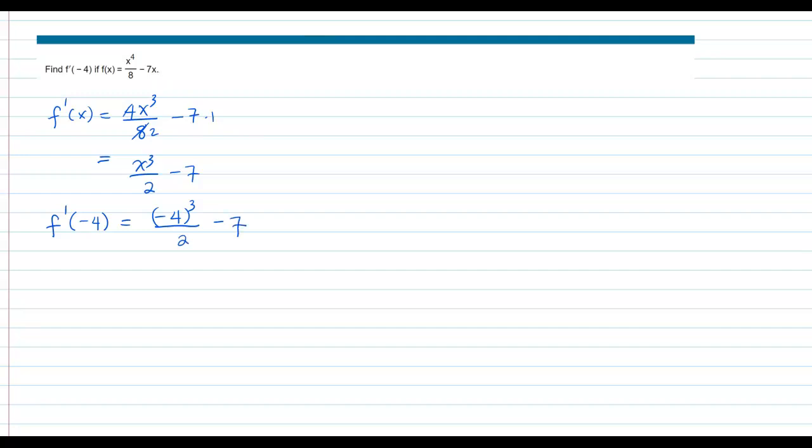And then simplify this. -4 quantity cubed is just equal to -64. Divided by 2 is -32. So you have -32 minus 7, which is -39.